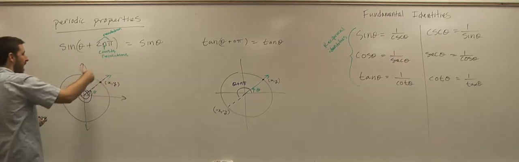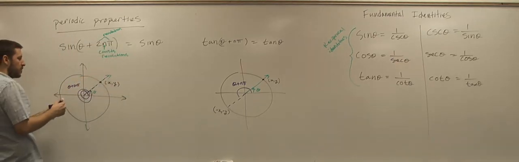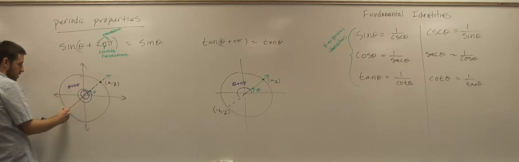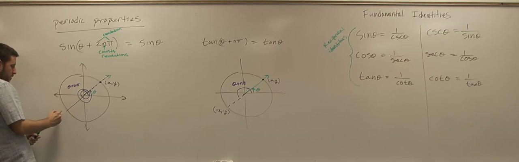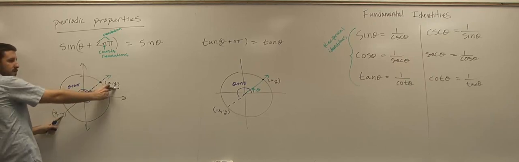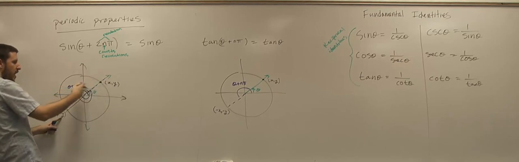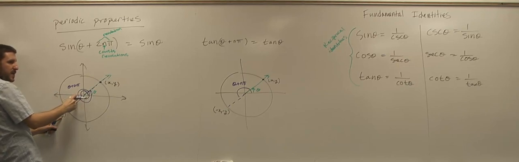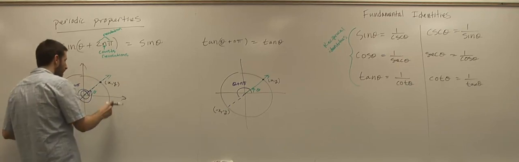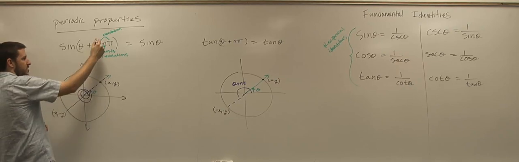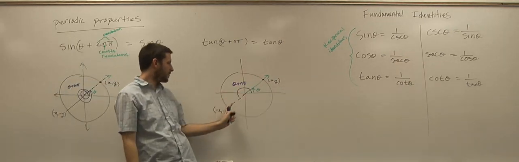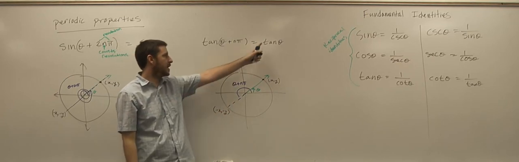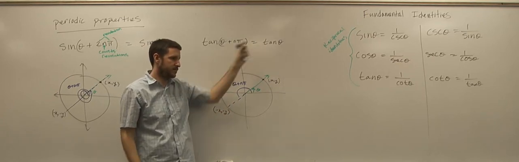That doesn't happen with sine or cosine, right? If you end up way over here with sine, that's a different y value. So these are different y values. So with sine, you cannot go a half revolution and expect to repeat. Sine, you have to go a full revolution. That's why this is 2 pi here. Tangent, though, if you go a half revolution, the signs will be the same, so the tangent will be the same.